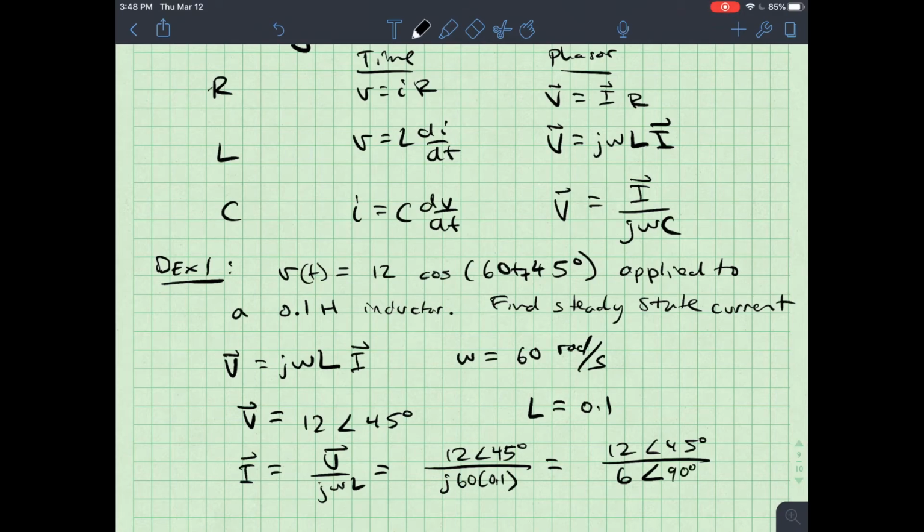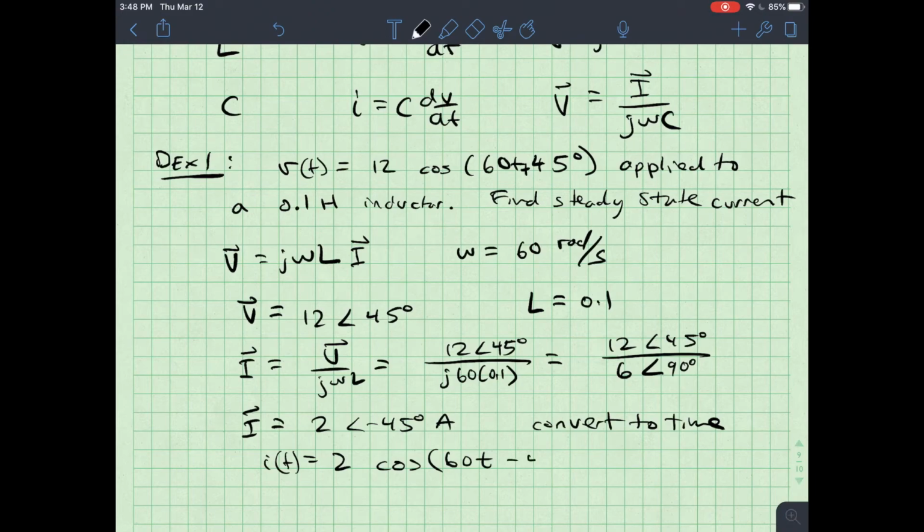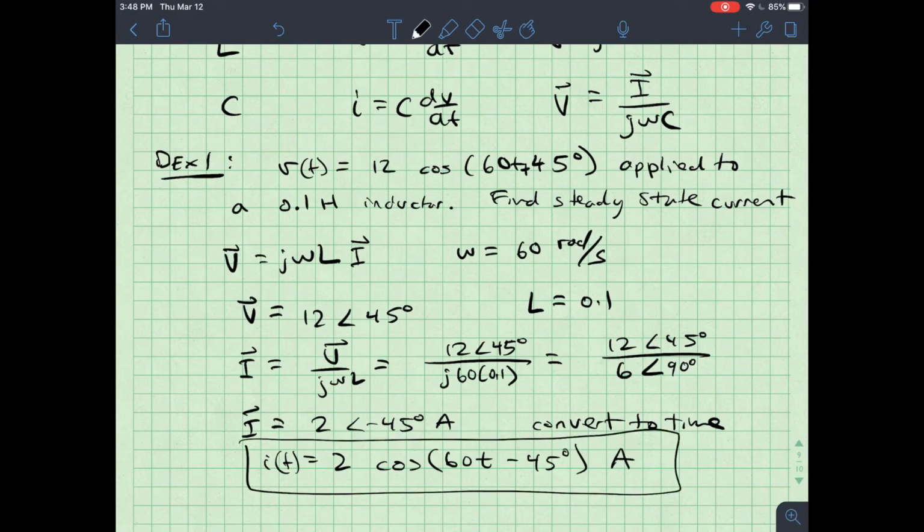So this current is equal to 2 angle minus 45 degrees amps, and to convert this to the time domain, i(t) is equal to 2 cosine of 60t minus 45 degrees amps. And I'm done.